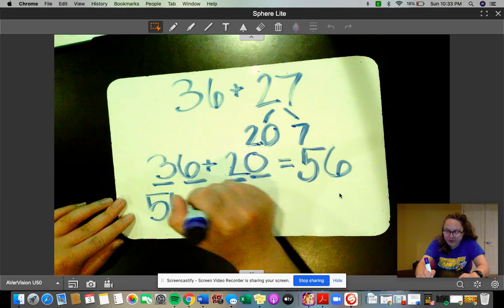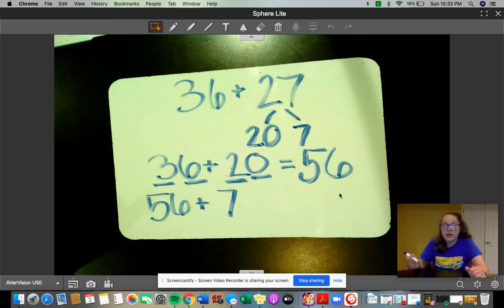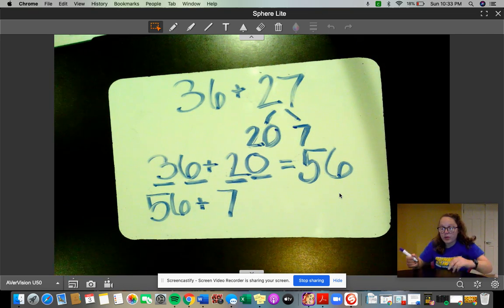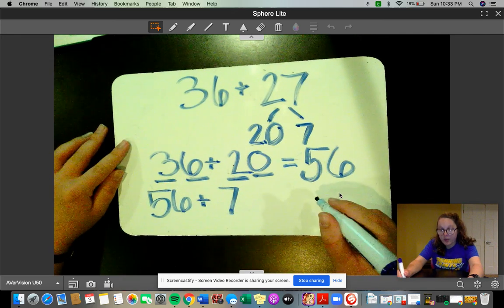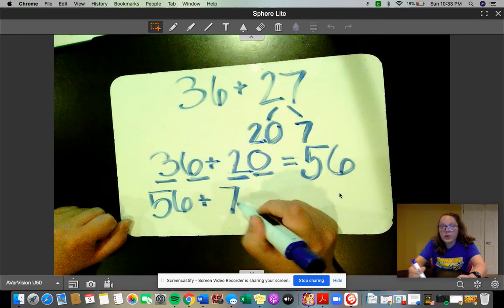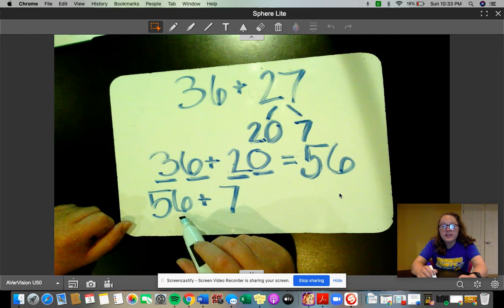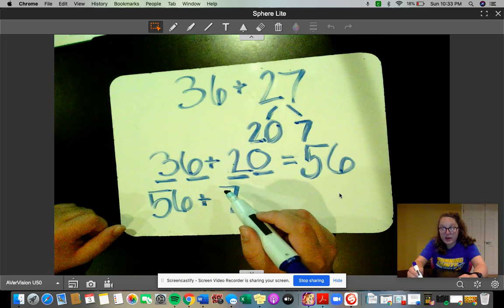Now, 56 plus 7 might seem like a big number that's hard to do. And it is bigger than what we've normally done before. But we're going to try and make tens to help us again. So when I look at 56, I see that I only need 4 more to get to 60, which is my next group of 10.